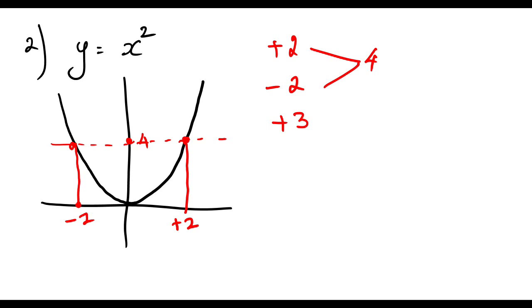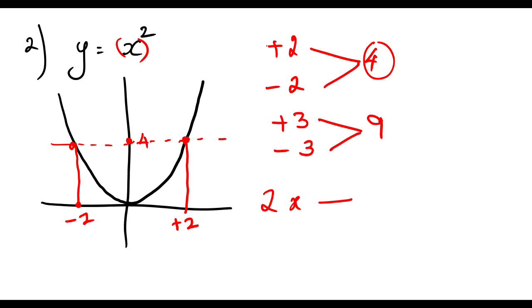Also, +3 and -3 would be mapped to 9, because that's the relation square of x. So which means you have two values of x giving one value of y. So two x's giving one y, right? It could be many x's giving one y.